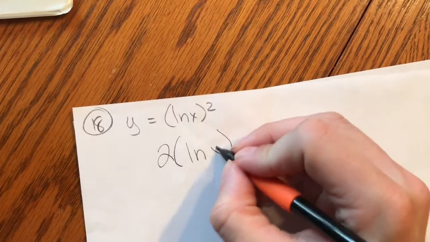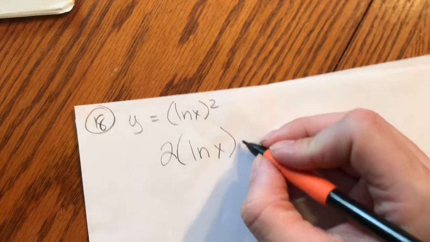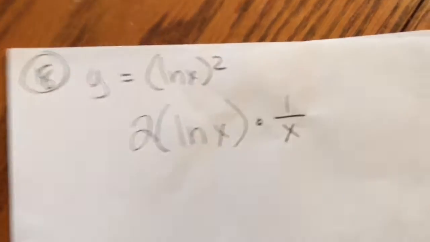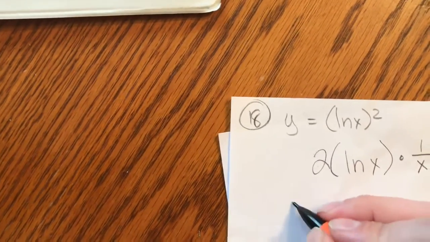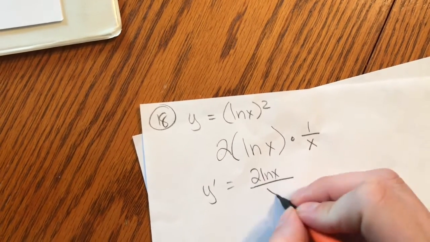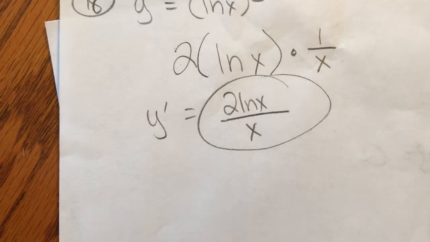Take the derivative of the inside, and remember the derivative of ln x is 1 over x. So multiply everything by 1 over x, and all we have to do is combine: 2 ln x over x. Done.